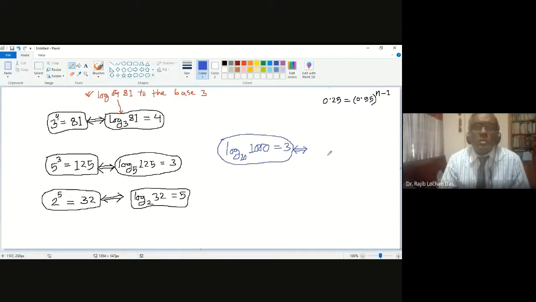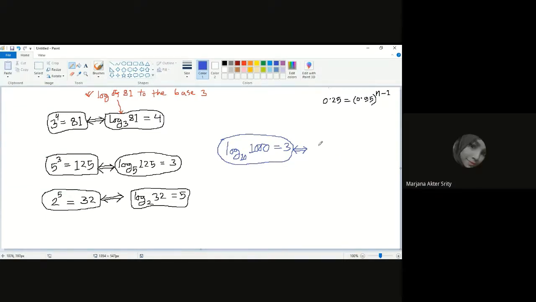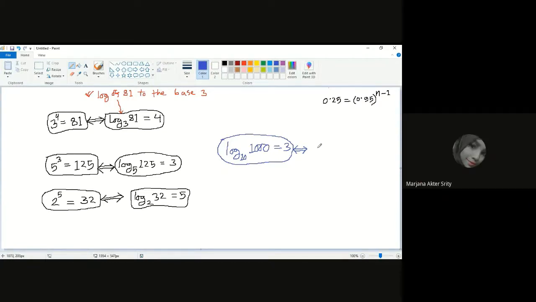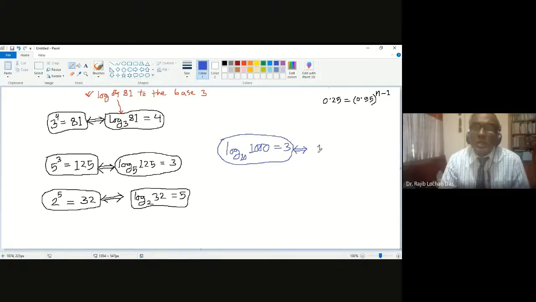Yes, complete the whole thing. 10 cube equals 1000. So this is the correct information. Good.